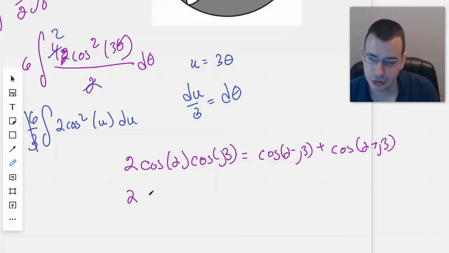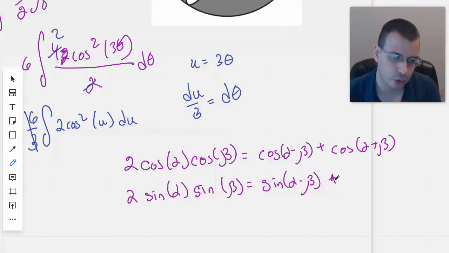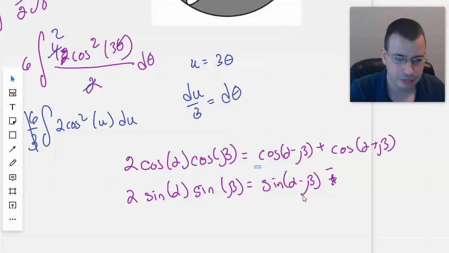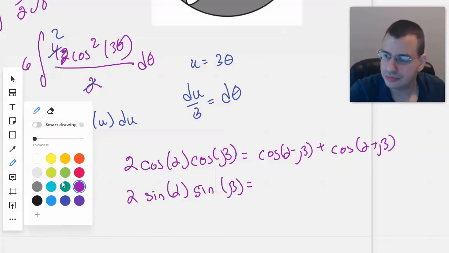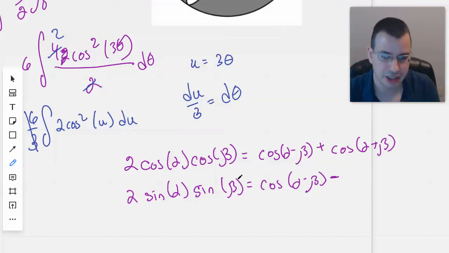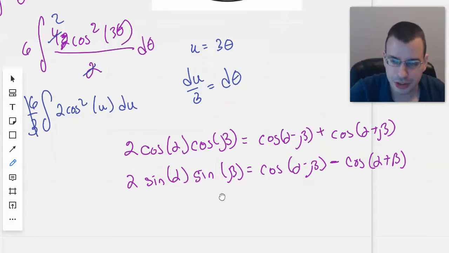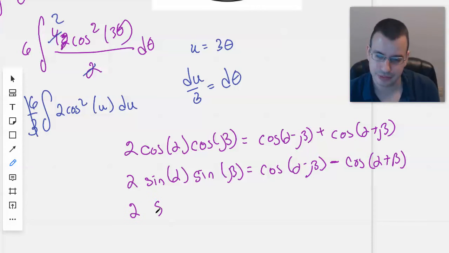Then we have two sine alpha sine beta equals cosine alpha minus beta minus cosine alpha plus beta, you just change the sign. That's just the mnemonic I use: when you go from cosine to sine, you change the sign.